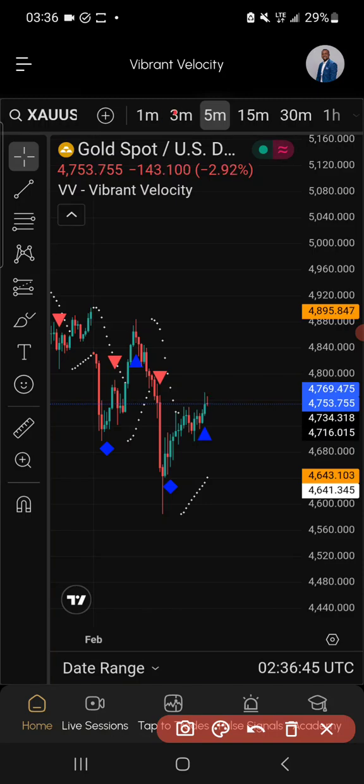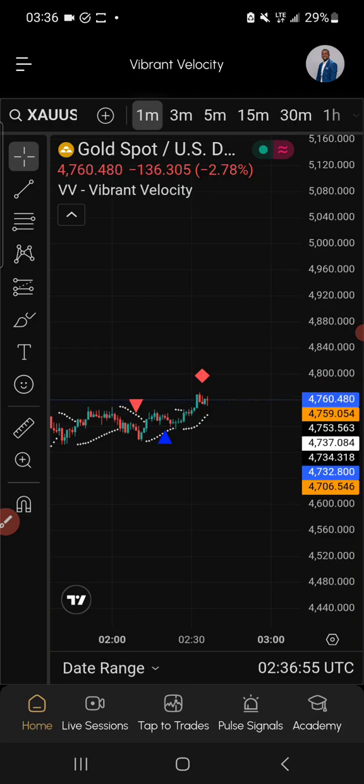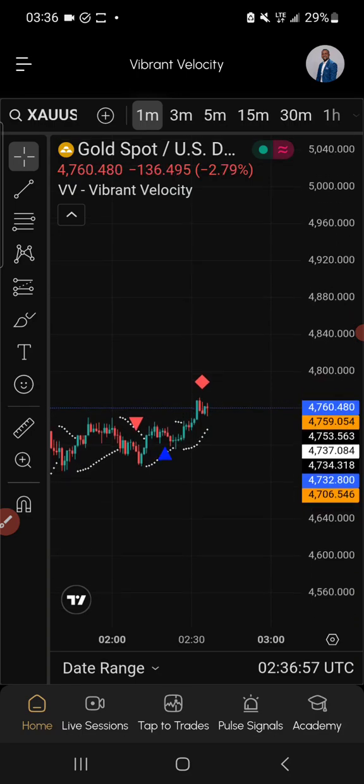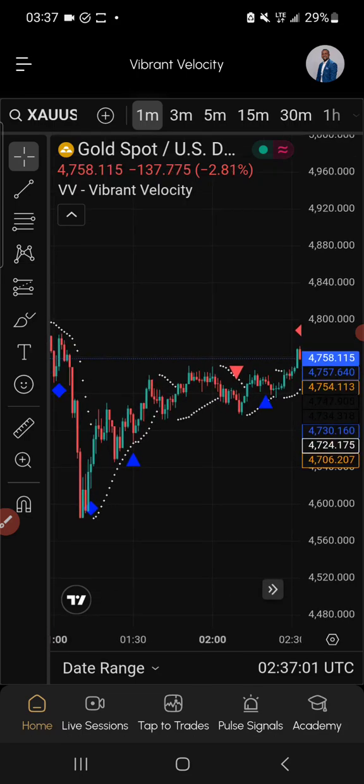If you're using the 3-minute time frame, it also works on the 3-minute time frame, but the way I like to use it, I prefer to watch out for reversals on the 1 minute. So on the 1 minute time frame, I may just come down to the 1 minute and see what price is doing. So okay, on the 1 minute, I see that a diamond has appeared. Okay, the dots have started appearing.